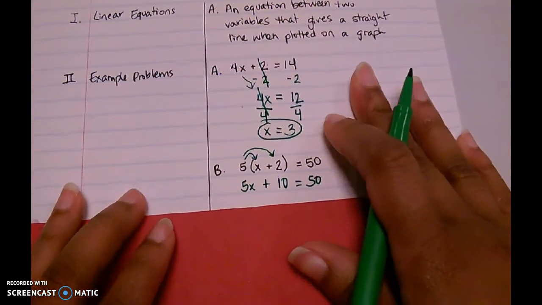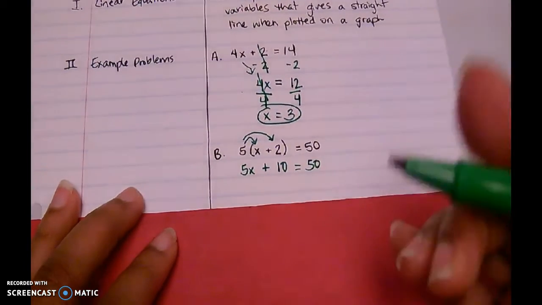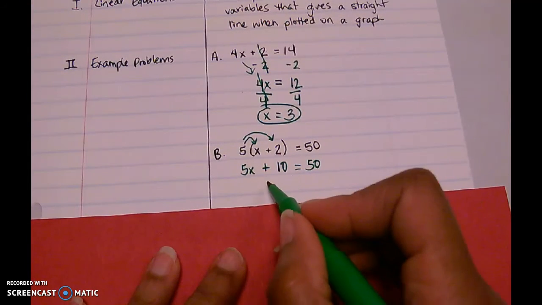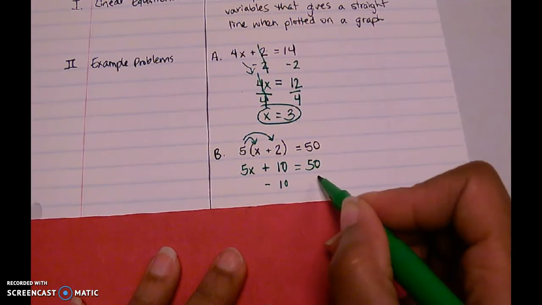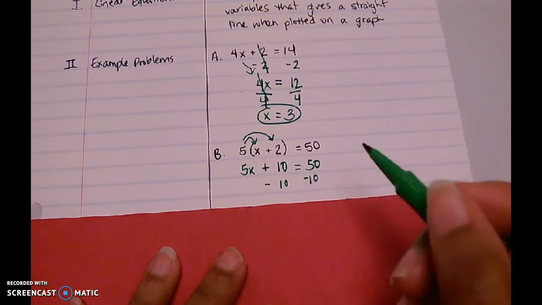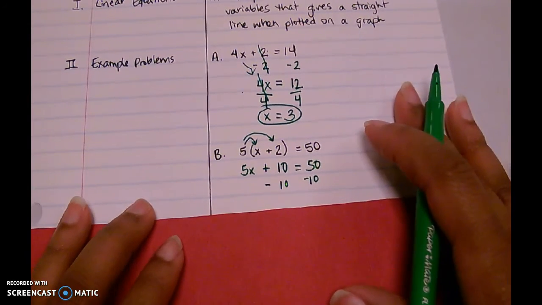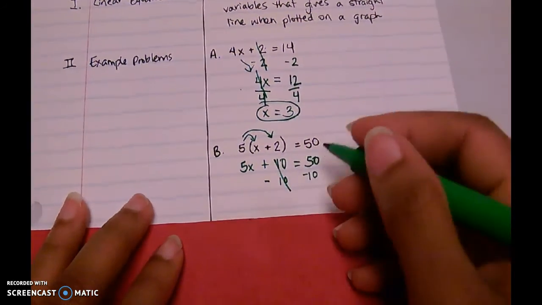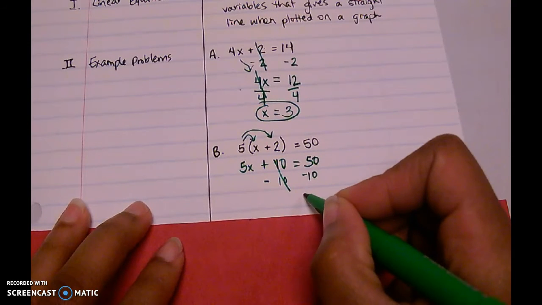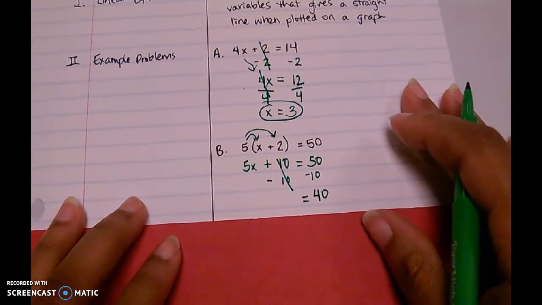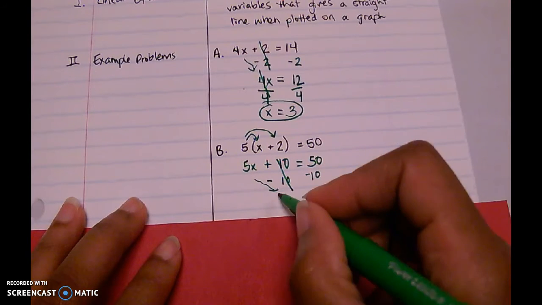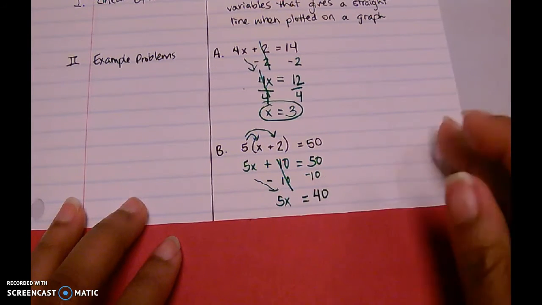Okay? Moving along, the next thing that we can do is to get rid of the 10, and we can do that by subtracting 10 on both sides of the equal sign. 10 minus 10 is going to cancel out and be 0, but 50 minus 10 is going to be 40. I'm going to bring down my equal sign, and then I'm going to bring down this 5x that's left on this side of the equal sign.